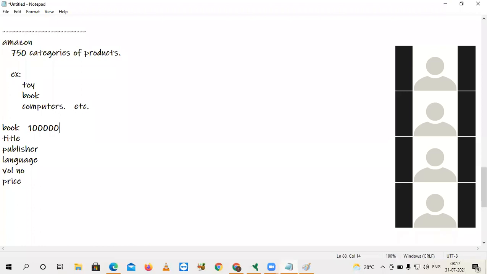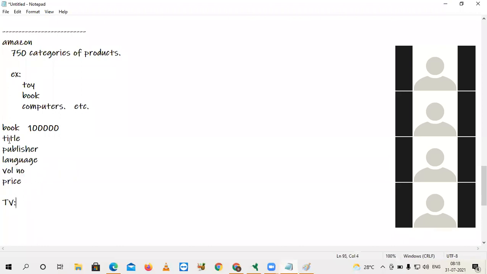But another customer, or me, next time wants to purchase a TV. First product is book, next product is TV. For TV, is the attribute title valid? Brand, yes. Publisher valid? No. Volume number, language valid? No, right?